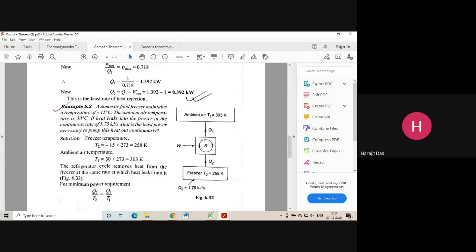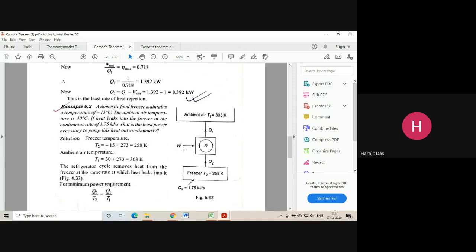Okay, so cyclic refrigerator. And to do so we need to do some work, because if you do not do work on this refrigerator, you cannot transfer heat from a lower temperature source to a higher temperature source. So by the second law of thermodynamics, Planck's statement, we have actually proved that one. From lower temperature to higher temperature, naturally heat doesn't flow, isn't it? So to make that heat flow, we need to do some work from the outer side.